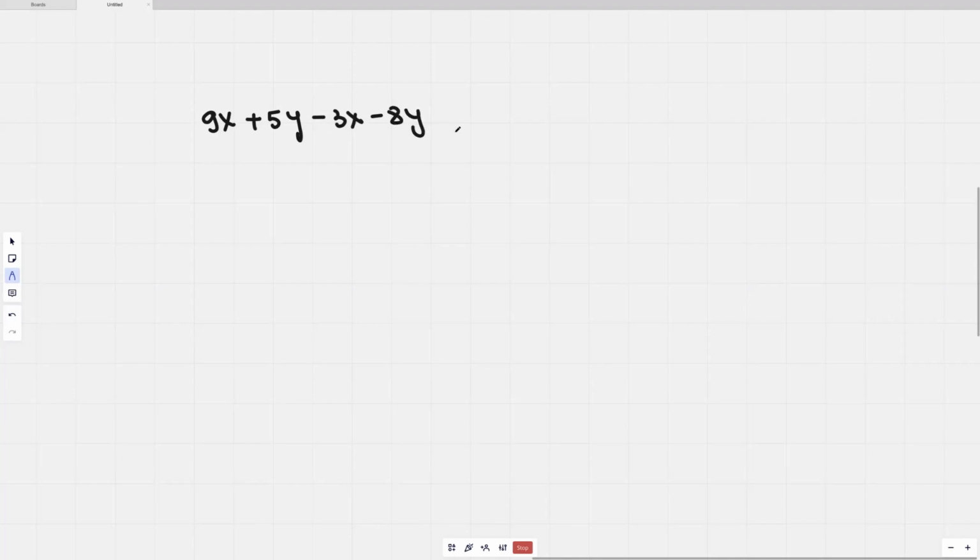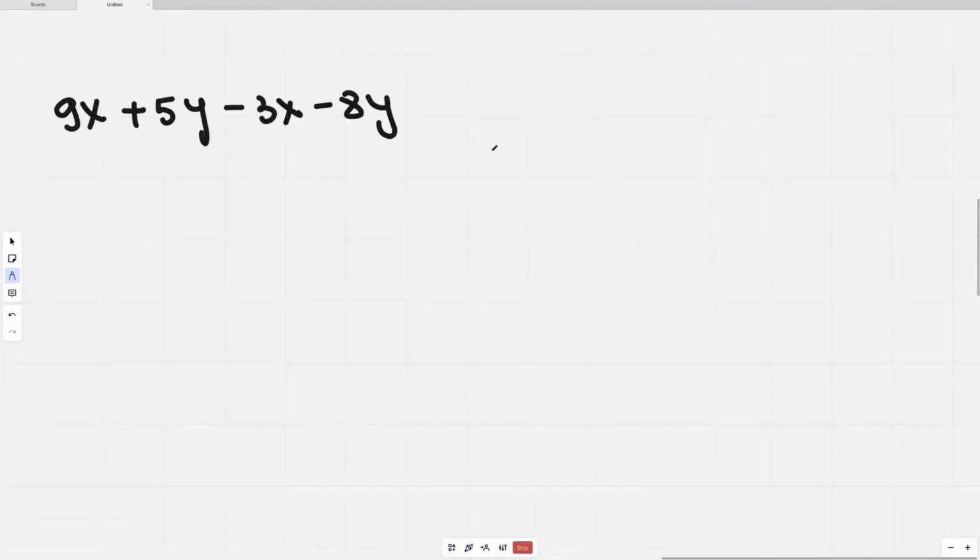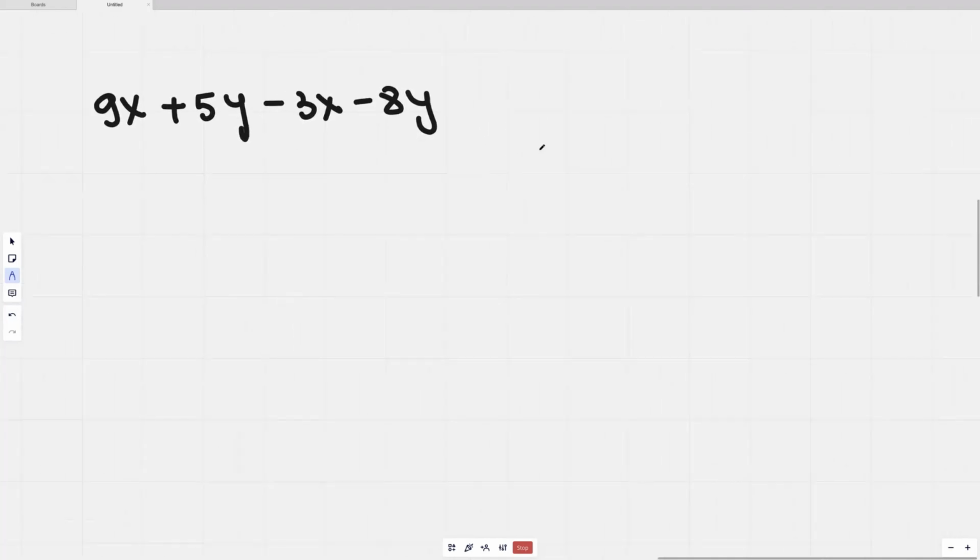In that case, what we have to do is simplify this expression. So now we'll learn how to simplify them correctly.